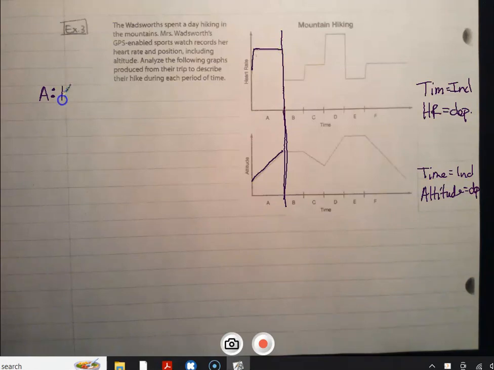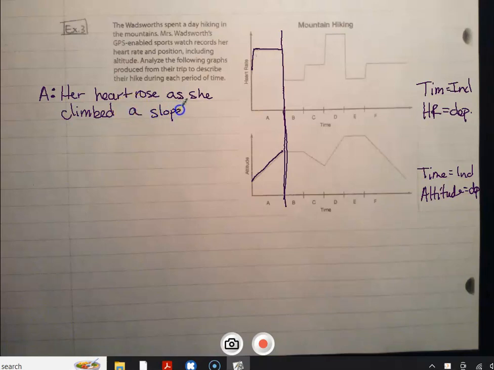All right, so we can say her heart rate rose as she climbed or hiked, whatever, right? She's hiking, so we're saying as she climbed a slope. I don't want to call it a mountain because we don't know how big it is, but it's a slope. All right, so her heart rate rose, okay, or it was elevated. All right, so let's look at the next one, B.